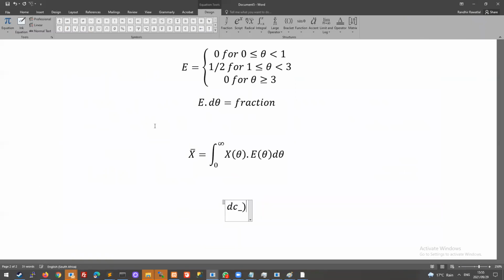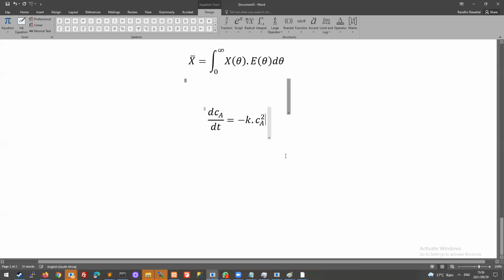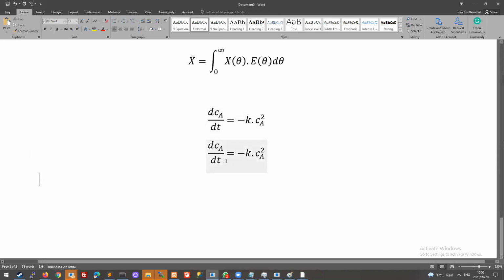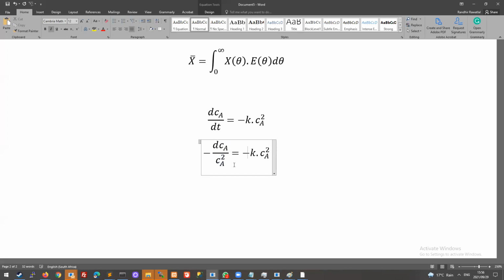So we can say dCA/dt, and this is for the droplet, is equal to minus k times CA squared. And we can separate the variables, and we can rewrite this as dCA over CA squared equals minus k dt here.